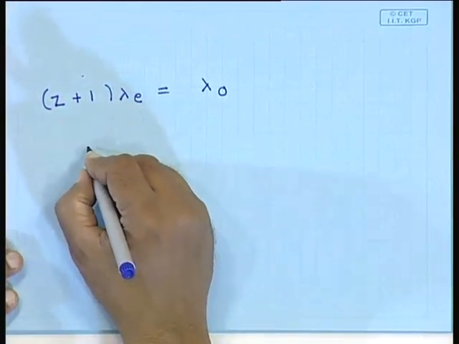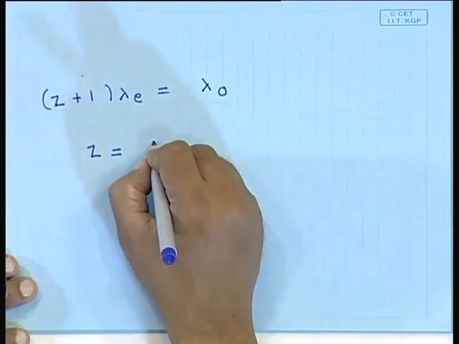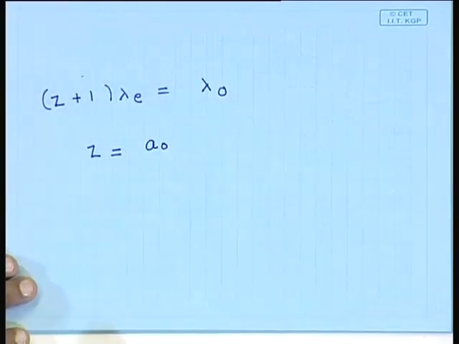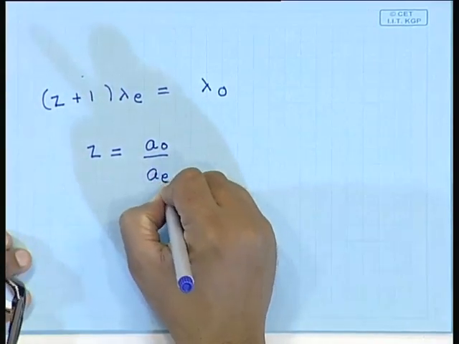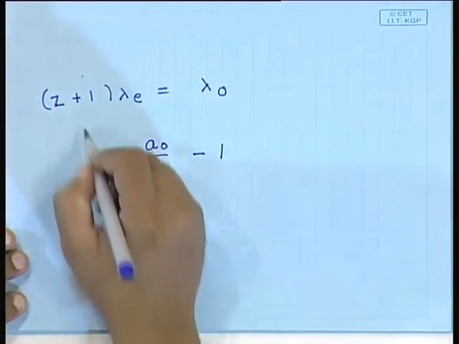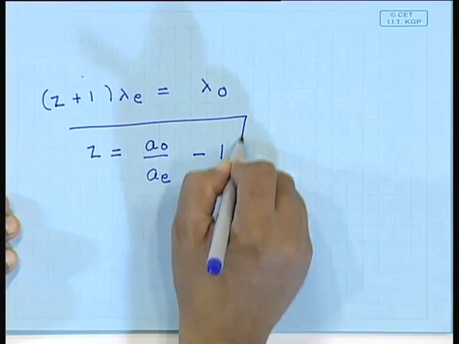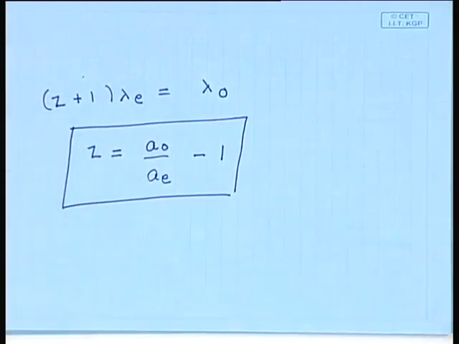So, from here we see that the redshift is related to the scale factor. How is the redshift related to the scale factor? 1 plus Z is the value of the scale factor when the light is observed divided by the value when the light is emitted, so Z is that ratio minus 1. Okay. So, this is how the redshift is to be calculated in an expanding universe. This is how the redshift is related to the expansion of the universe. Okay.